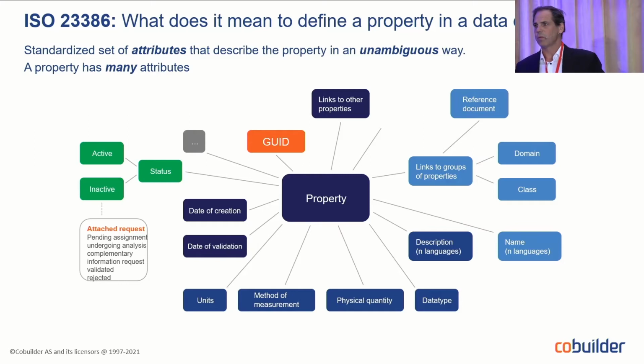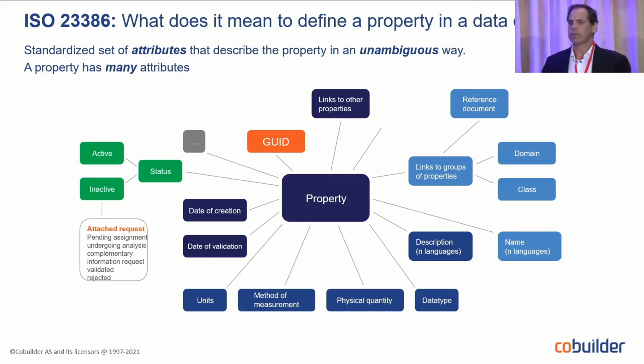I took this because I asked yesterday about the audience. This is a heavy slide. It's an infographic from the European norm called EN ISO 23386. You can just search and you'll find it.